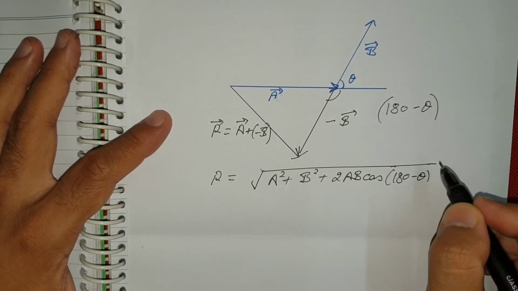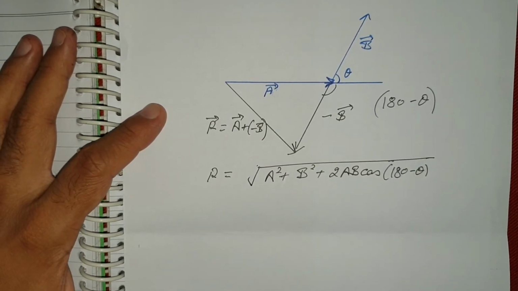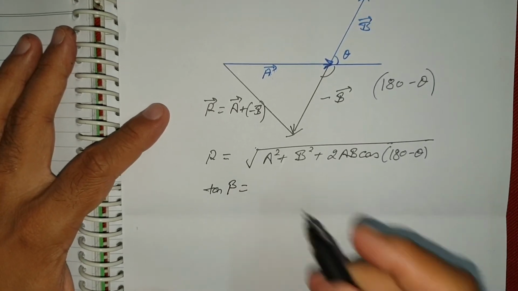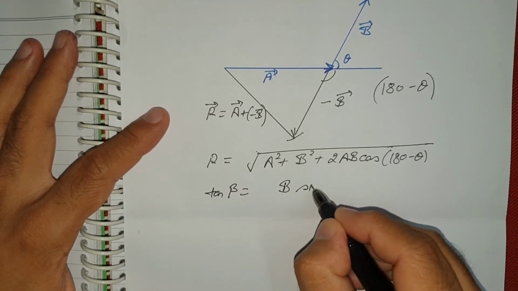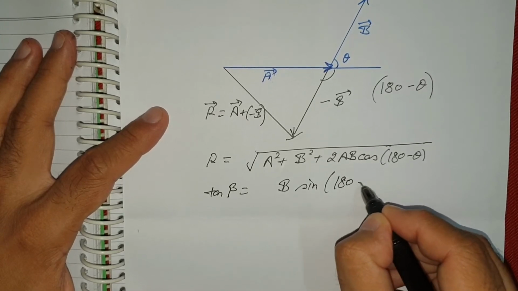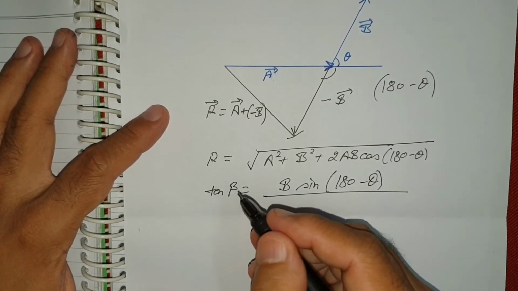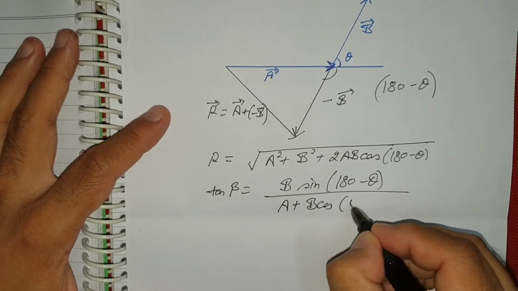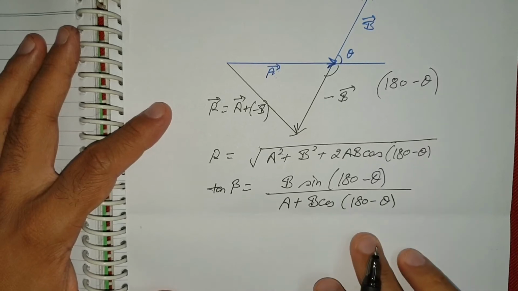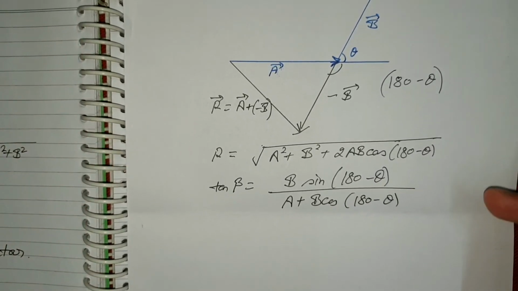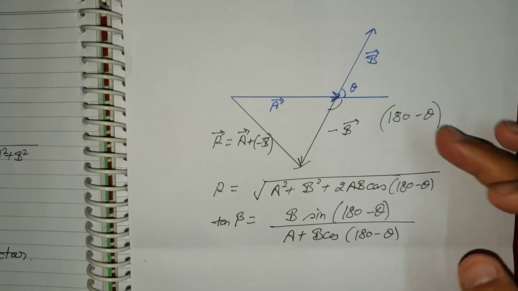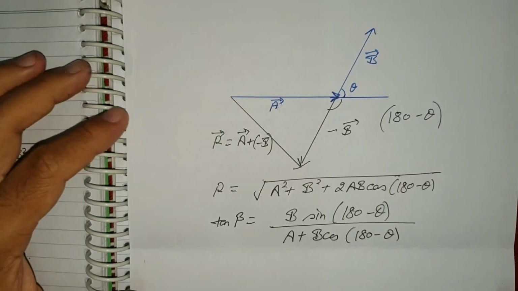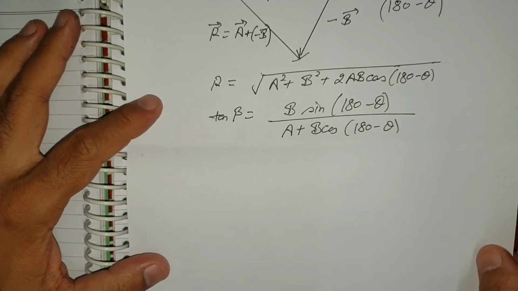And tan beta will be equal to B sin 180 minus theta over A plus B cos 180 minus theta. This is just a replacement of theta by 180 minus theta, because the new angle is 180 minus theta.